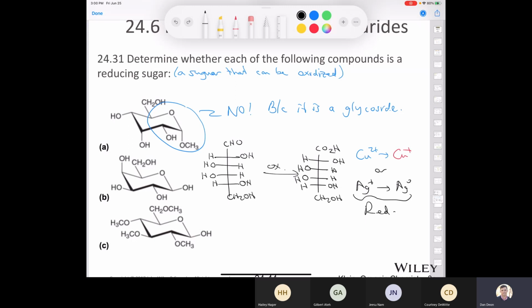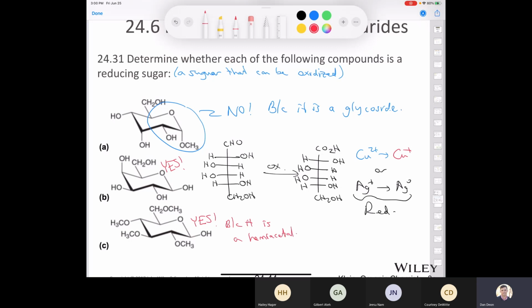Same thing with the next one. Even though we do have ethers here, it's still a hemiacetal, right? There still is an open chain form because it's a hemiacetal. So the answer for this one is yes, because it's a hemiacetal. And then here it's also a yes, because it is a hemiacetal.